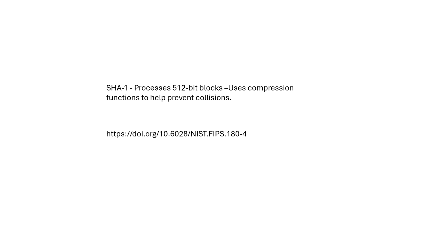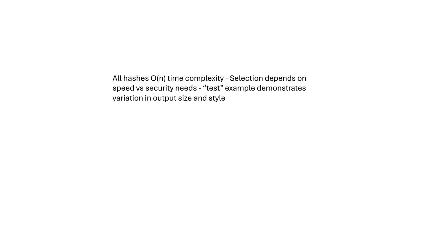Those use base 10. So it would basically divide those up and compress them down to help prevent collisions. But it's not necessarily the most secure. It just divides them up.